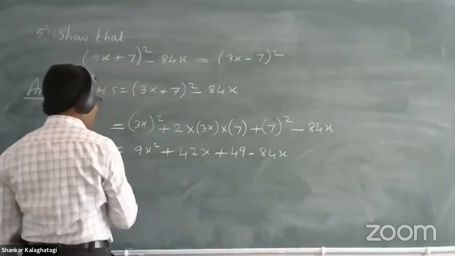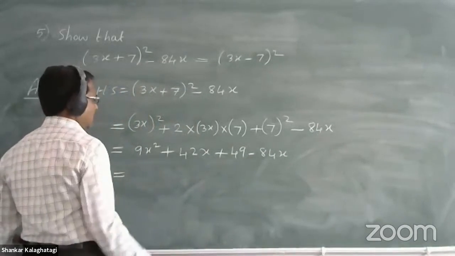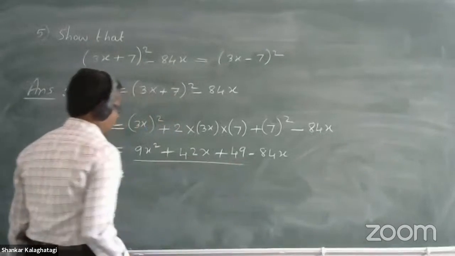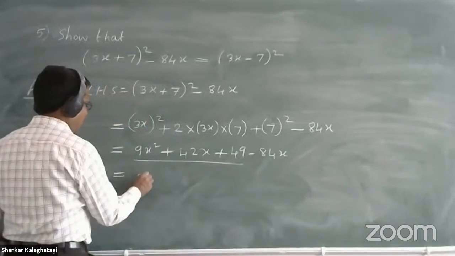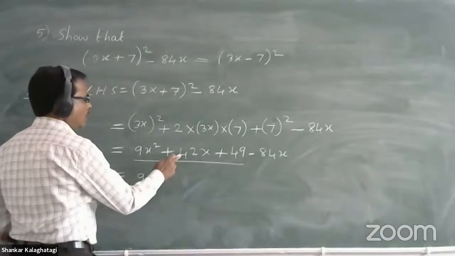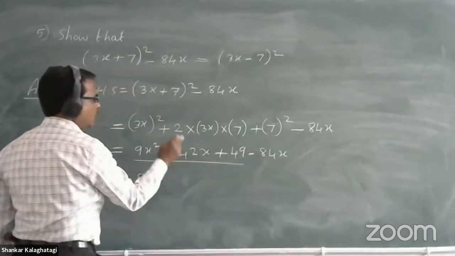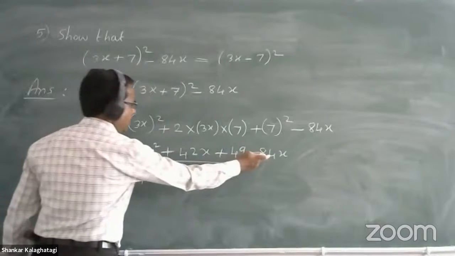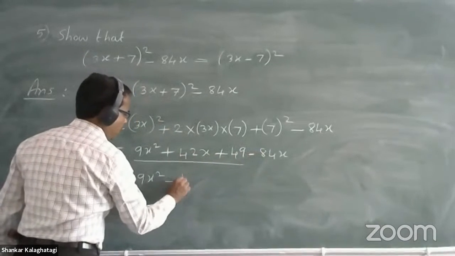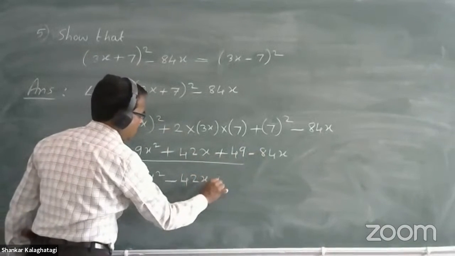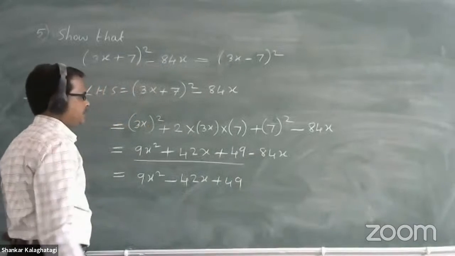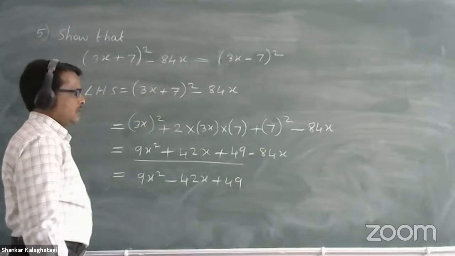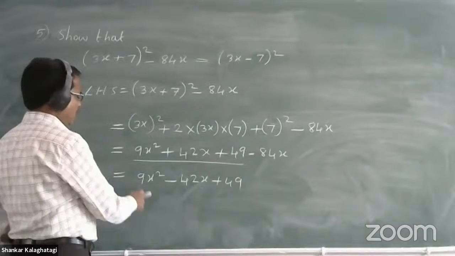From 84, 42 goes, so we get 9x² minus 42x plus 49. This is the LHS.